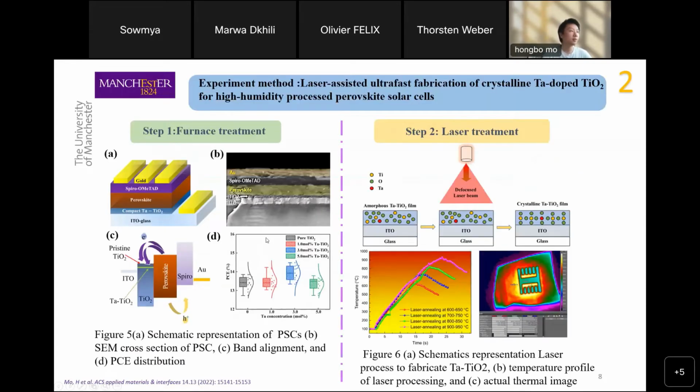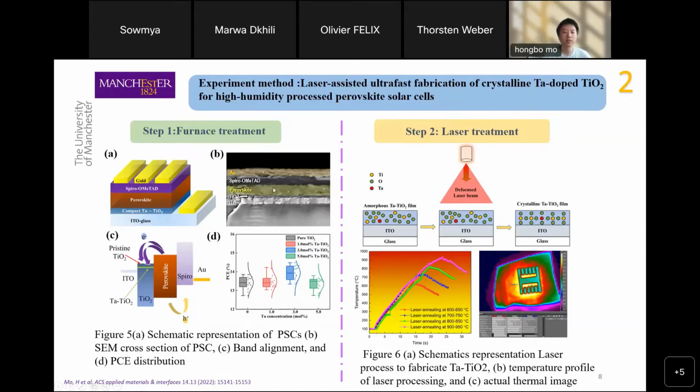Figure 5A represents the structure of the perovskite solar cells. It's a planar structure with ITO and compact titanium dioxide as the ETL, the perovskite, Spiro, and gold. Figure 5B shows the SEM cross-section view of the actual devices, which were fabricated in ambient air.